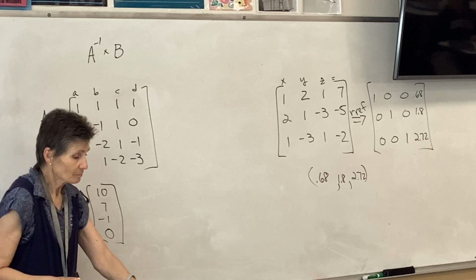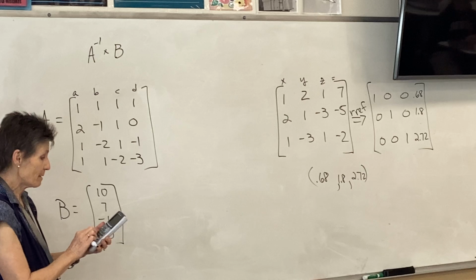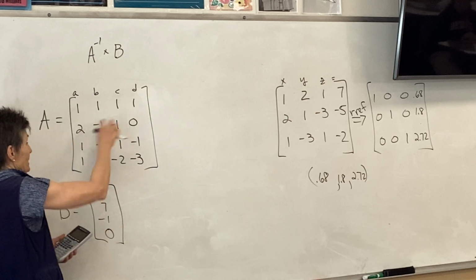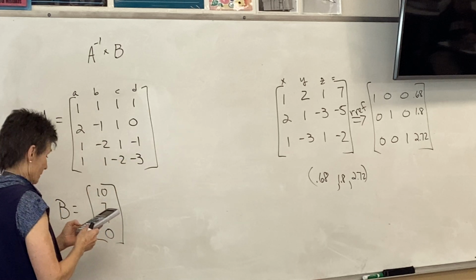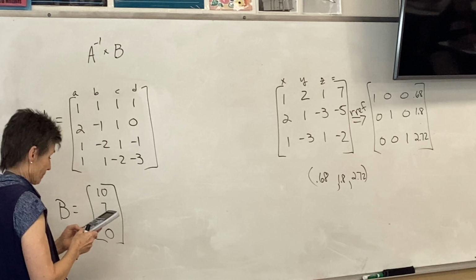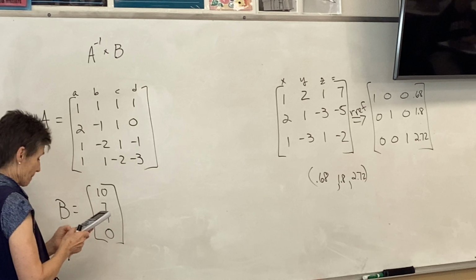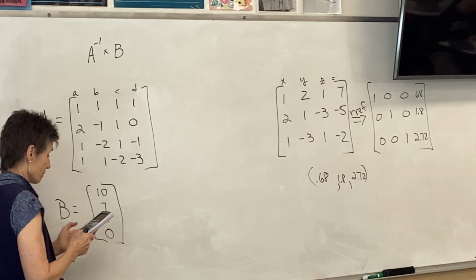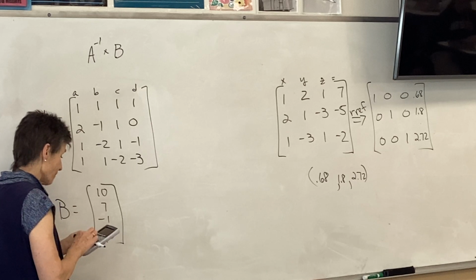Now I'm going to put both of those in on my calculator. So second matrix, edit. What are the dimensions of matrix A? 4 by 4. Wait, do we not include the equals? Not with this method, we don't. It's two separate matrices, but you have to put both of them in.